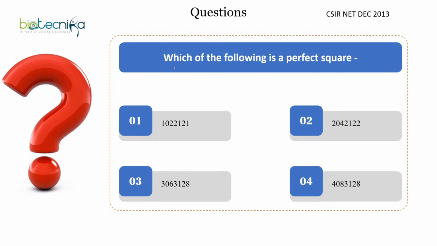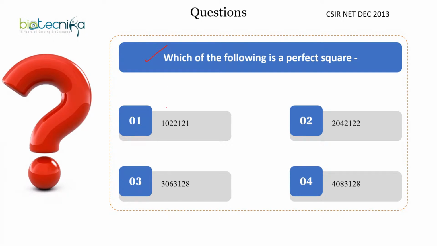Okay, now let's take a question, okay, and understand उस पांचों छह पॉइंट्स में what we can apply over here. So in this particular question it is telling which of the following is a perfect square.